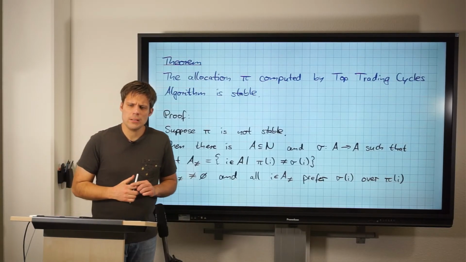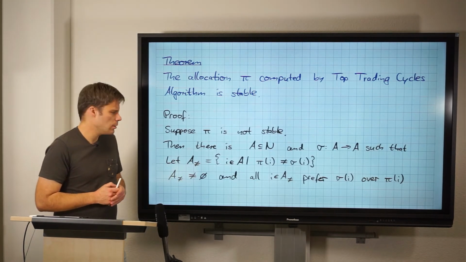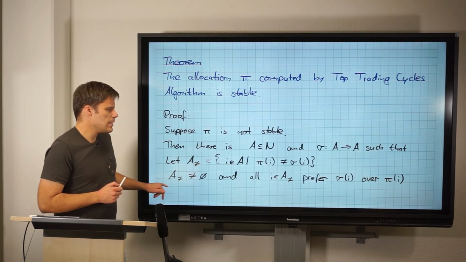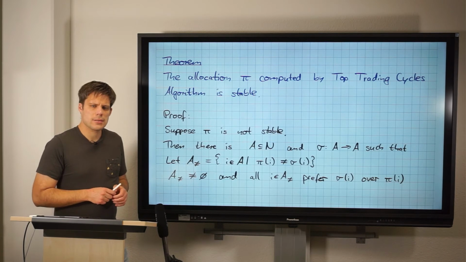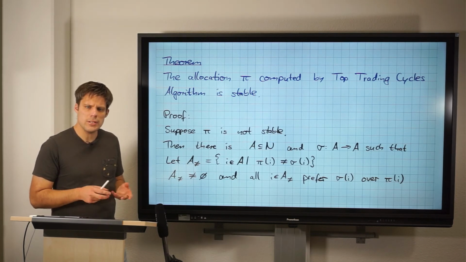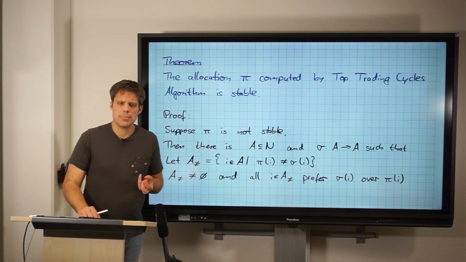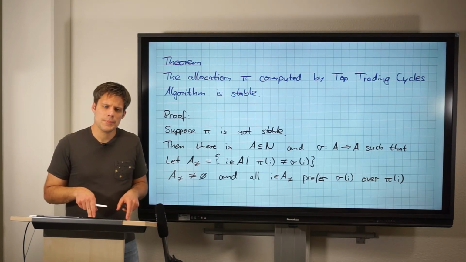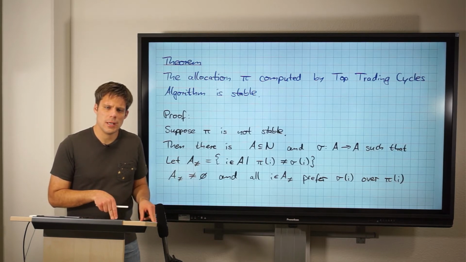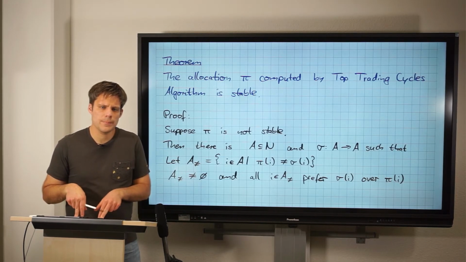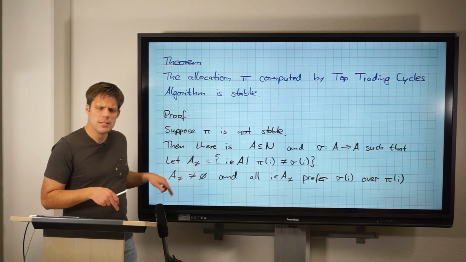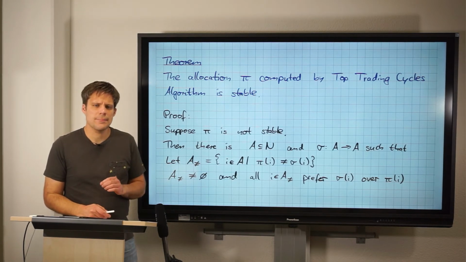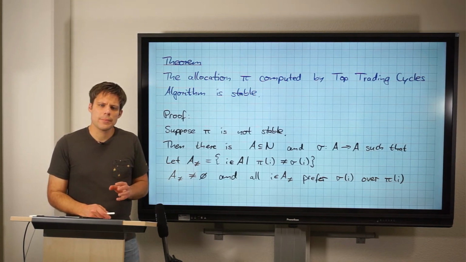Now this might be a little confusing, why this is a way to state that there is a blocking coalition. Didn't we say a blocking coalition, that's a group of agents such that some of them get happier and some of them don't care? And is this really equivalent? Yes, it is. But why?